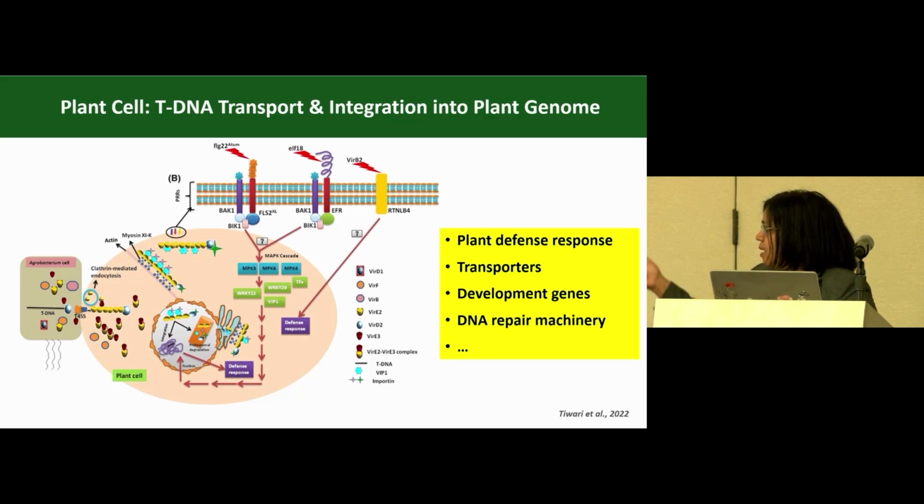It is very obvious that when plant-pathogen interaction happens, there will be a defense response. There is also the tumor-forming capacity of the agrobacterium. So there are transporters, development genes, and DNA repair machinery because there is an integration of foreign DNA into the plant genome. It's kind of obvious, but there is a fascinating literature that people can read into, and if you understand this more, you can set up your optimization studies according to those understandings.